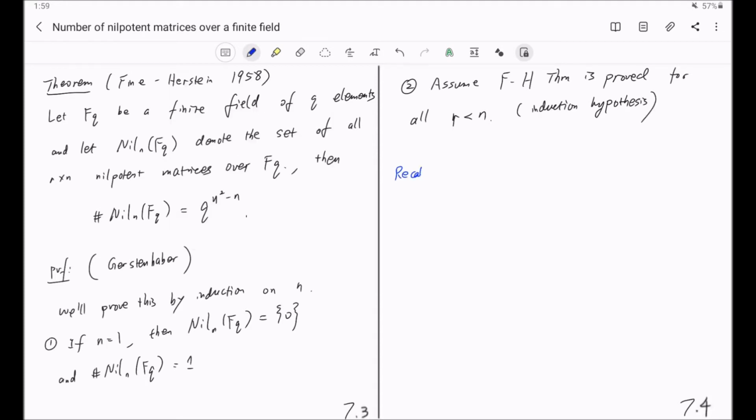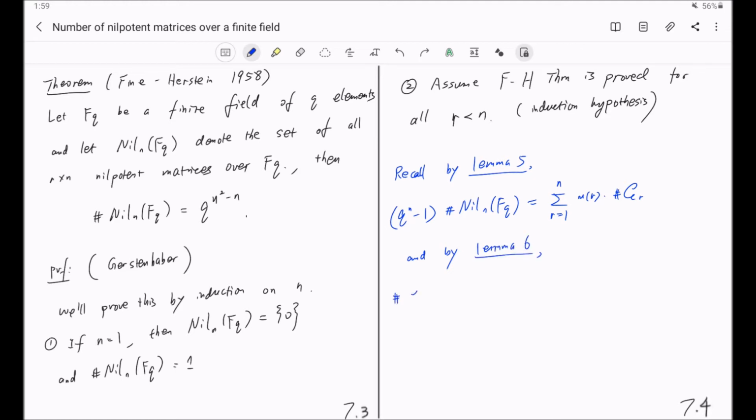Recall, by lemma 5, we have q raised to the power n minus 1 times this number we want is equal to the summation from r equal to 1 to n of M of r times the number of rank r admissible matrices, and by lemma 6, the number of rank r admissible matrices is equal to this product.